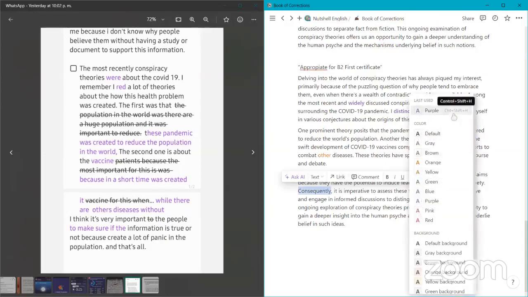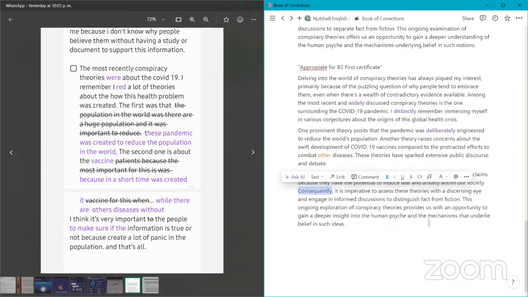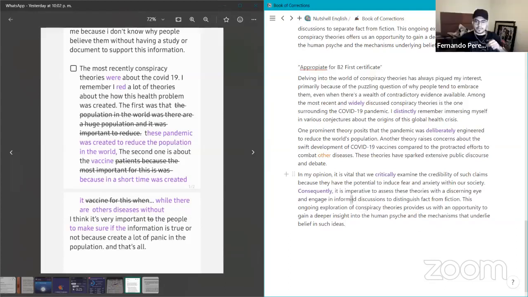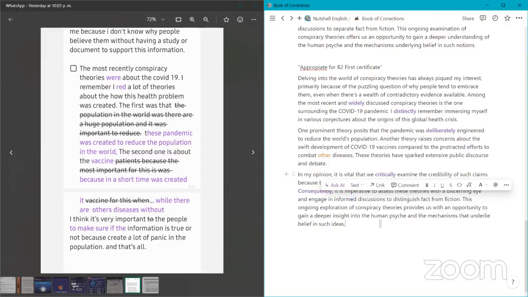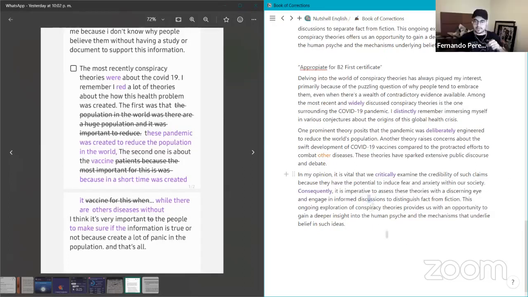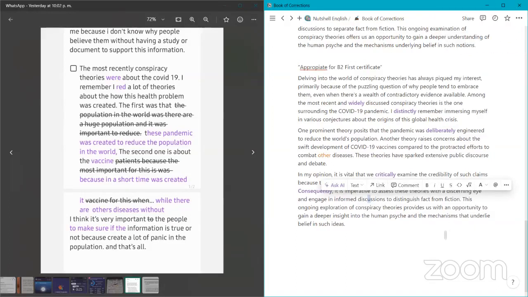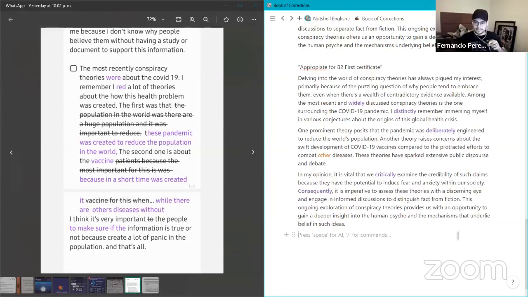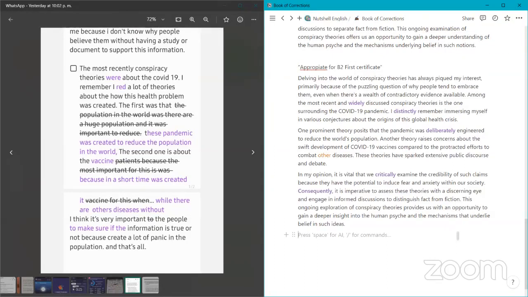Consequently, it's imperative to assess these theories with a discerning eye, and engage in informed discussions to distinguish fact from fiction.